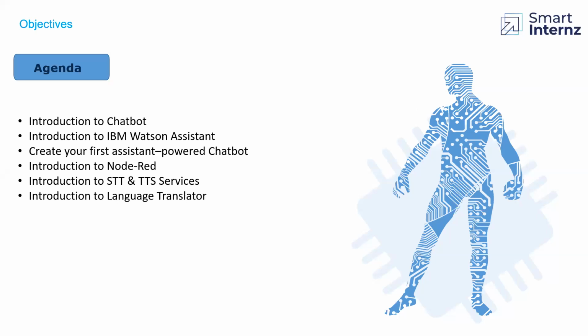With the help of that, we can translate the language from English to multiple languages and from different languages to other languages. Suppose English to French or French to English. In that way, we will utilize that service over the Node-RED service. First of all, we need to understand what is conversational AI.